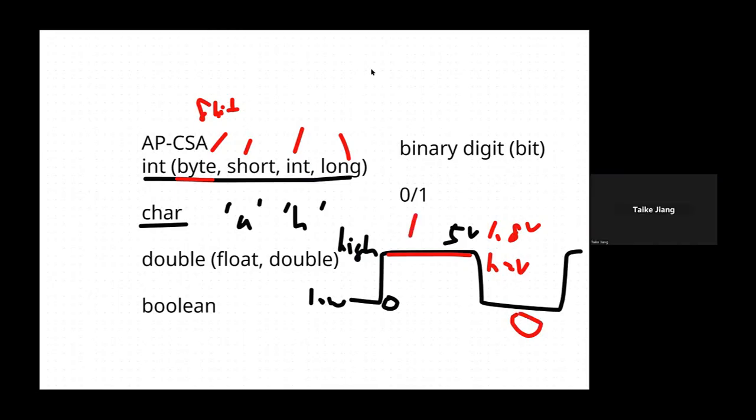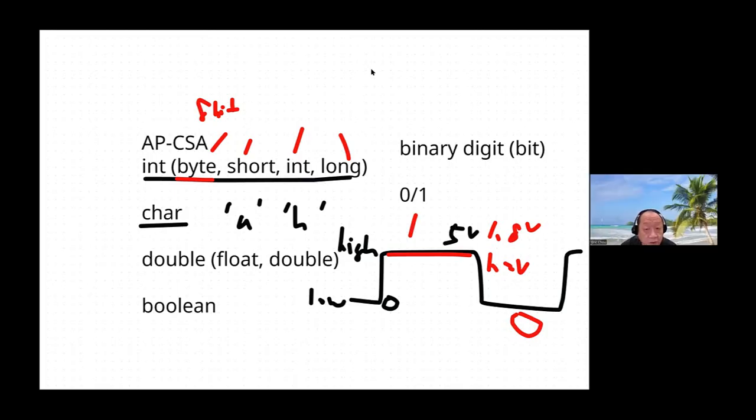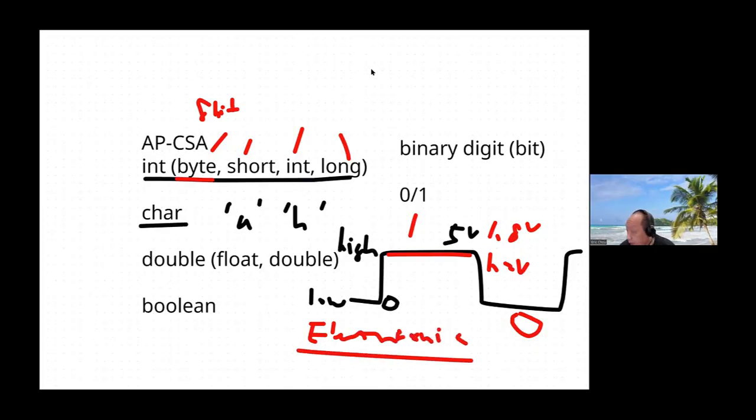So the computer we are talking about is an electronic computer, which means it is using electricity to drive your computer. Some day there may be a photonic computer using light or fibers to represent the data, or maybe using radio waves.